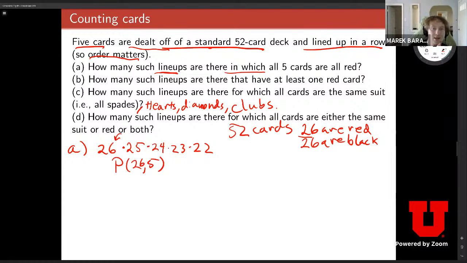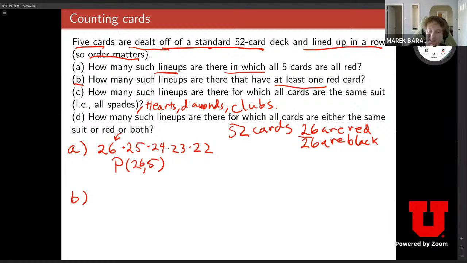Okay. And then B asks us, how many such lineups are there that have at least 1 red card? So the keyword here is at least 1. I'll give you a hint. You might want to use the complement rule on this one.